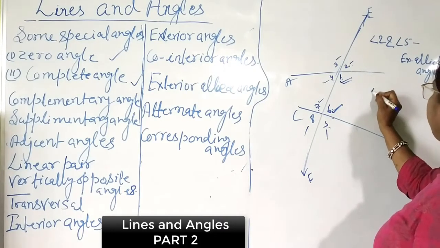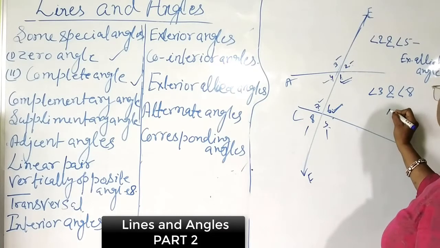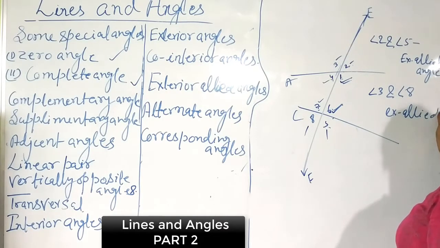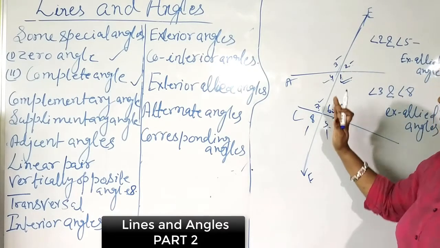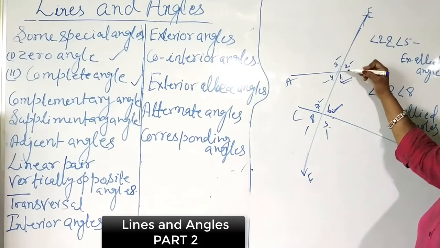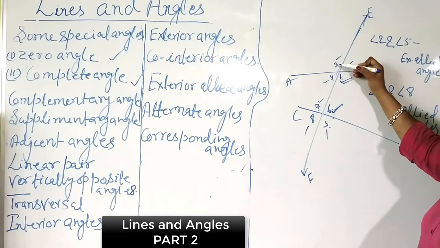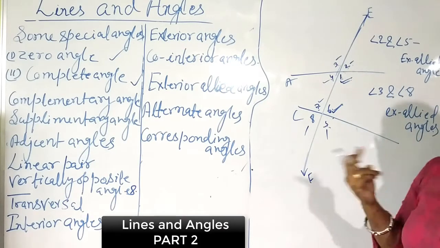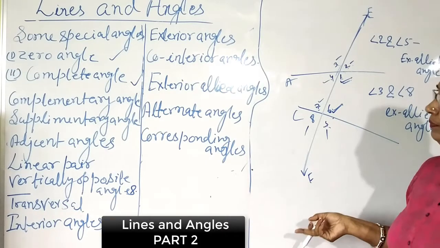In the same way, angle 3 and angle 8 are exterior allied angles. Understood all? On the same side of the transversal line but outside, 2 and 5 are exterior allied and 3 and 8 are exterior allied. In this way, there are 2 pairs of exterior allied angles and 2 pairs of co-interior angles.